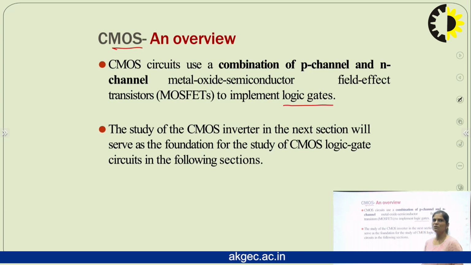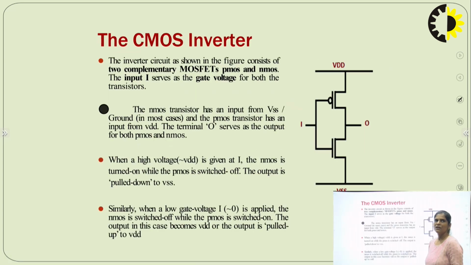Now, the study of the CMOS inverter. In this section, we will study how to design the CMOS inverter, and also CMOS AND, NAND, and NOR logic gates. First, we should understand the CMOS inverter. It is a combination of a PMOS and an NMOS.